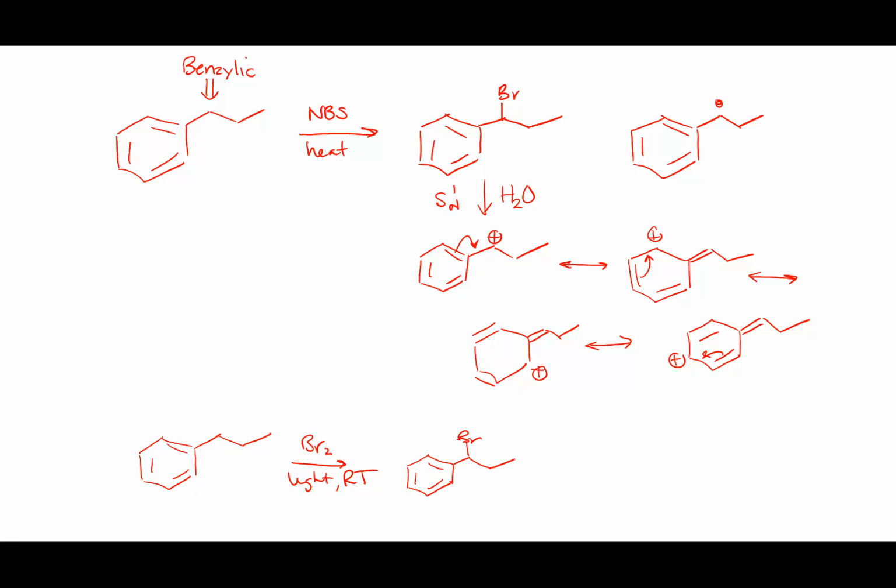So I don't have to worry about the bromine adding to the benzene ring because the benzene ring is super stable. If I come over here and look at all these resonance structures that I just drew, yeah, they're fine. But usually when we add Br2 to something, we could say, could a nucleophile come in and add to that carbocation or this carbocation or this carbocation? It could, but what happens?